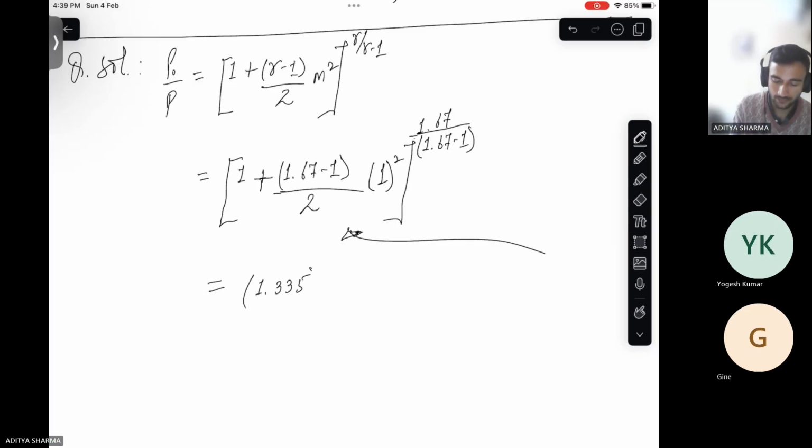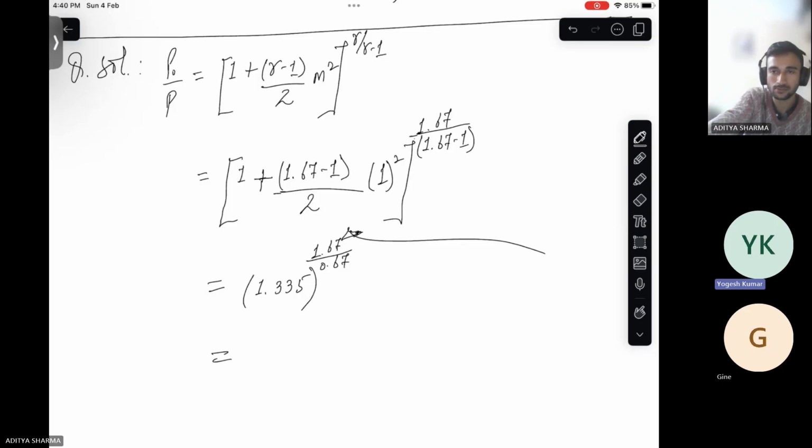So this comes out to be 2.0545. Yogesh, are you there?